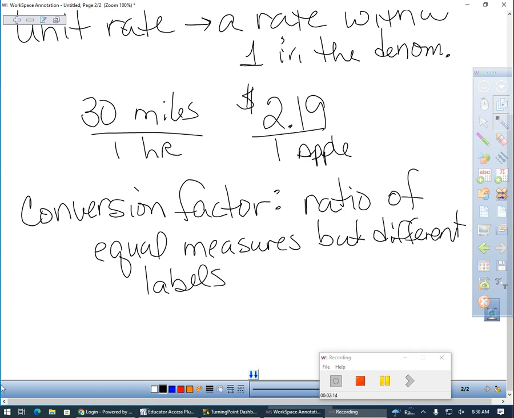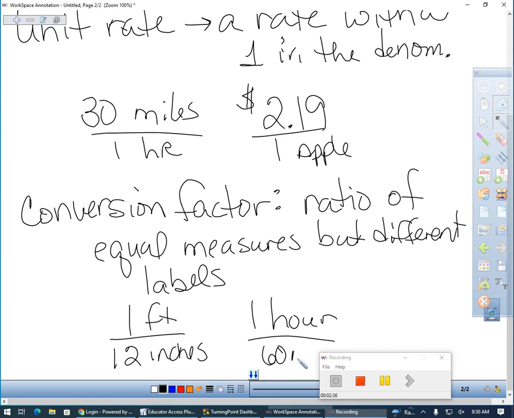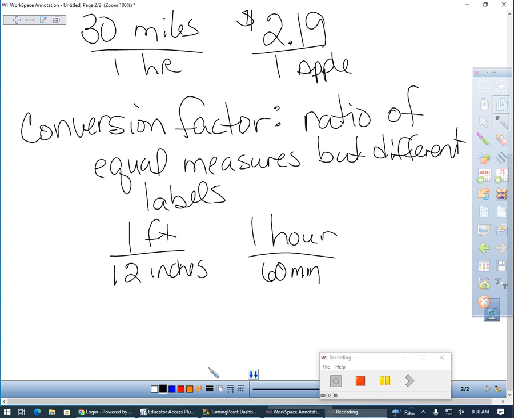So an example of a conversion factor might be that we have 1 foot is 12 inches, right? Or we could say 1 hour is 60 minutes. You're comparing two different things that are exactly the same measure but have different labels on them. Okay?